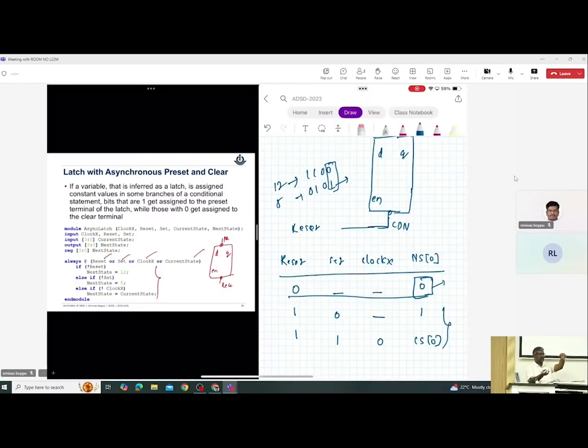First of all, if you want to send the output to the queue, we should make the latch open. Latch open means we have to first derive the enable condition. So what is the enable condition?